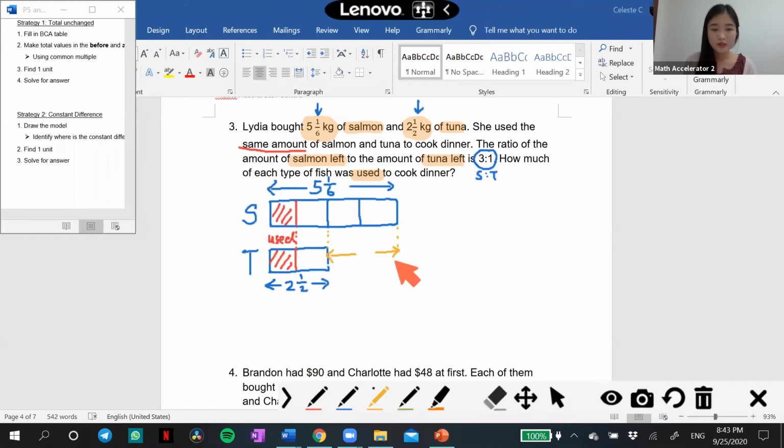This difference here is 2 units, and you can find it by taking salmon minus tuna, right? So 2 units equals to 5 1/6 minus 2 1/2.